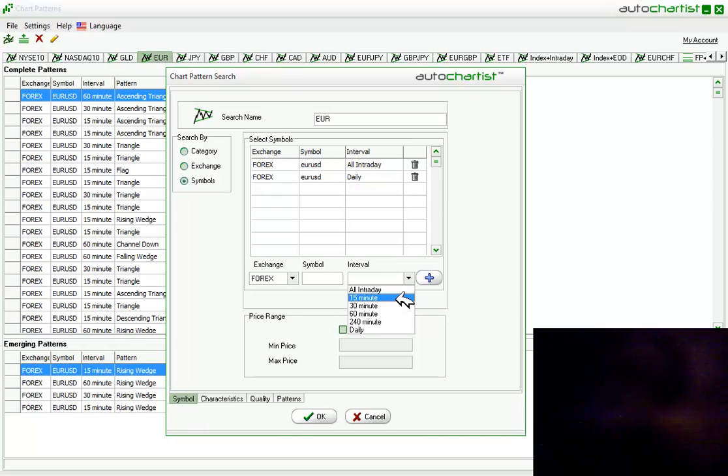But if you, say, have a preference for one or two or maybe three of these, for example, maybe just the 15, 30, 60, go ahead and make one search criteria for Forex Euro US dollar 15, and go back in and do it again for the 30 and then again for the 60. And this way the platform will only be scanning for those time frames and patterns that might be occurring on them.